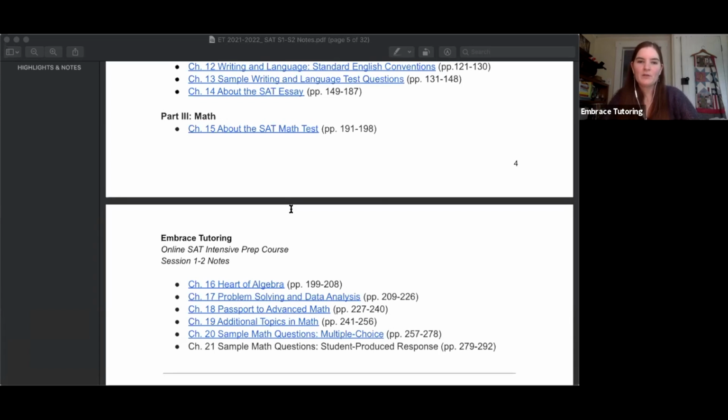Data questions deal with things like ratios, rates, proportional relationships, scale drawings, and solving single and multi-step problems. These are basic things that you should know how to tackle.